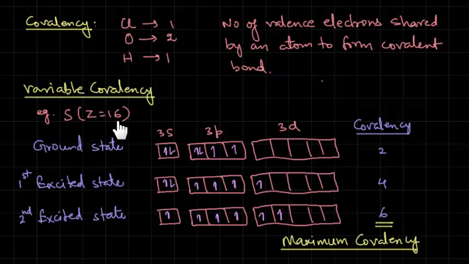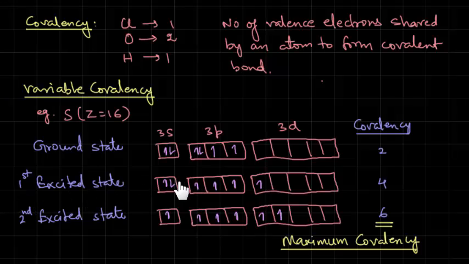For example, sulfur, it has Z16. Let's draw it. There will be 1s2, 2s2 and 2p6. After that it will be 3s2 and 3p4. So it will be filled like this. It has variable covalency, because right now you can see it has a covalency of 2. But sometimes this electron will jump into the 3d orbital, so this will become a more stable half-filled state.